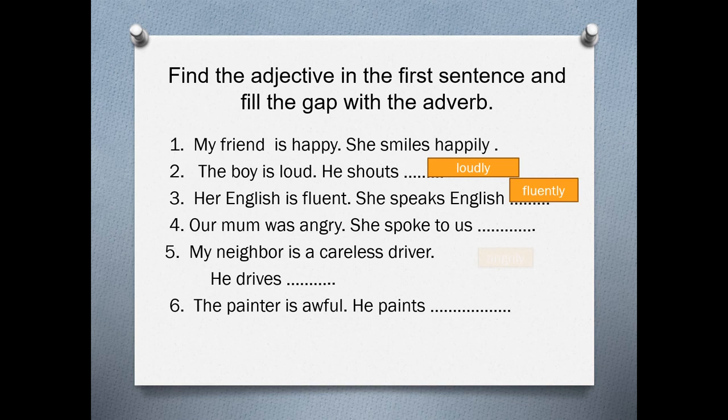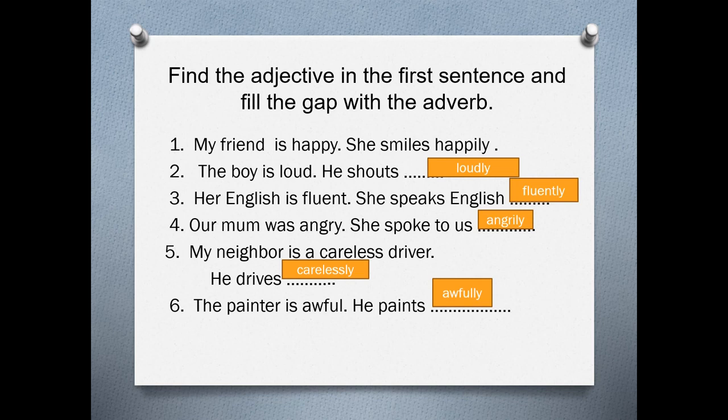Okay. Our mom was angry. She spoke to us angrily. Okay, next one. My neighbor is a careless driver. He drives carelessly. So, the painter is awful. He paints awfully.